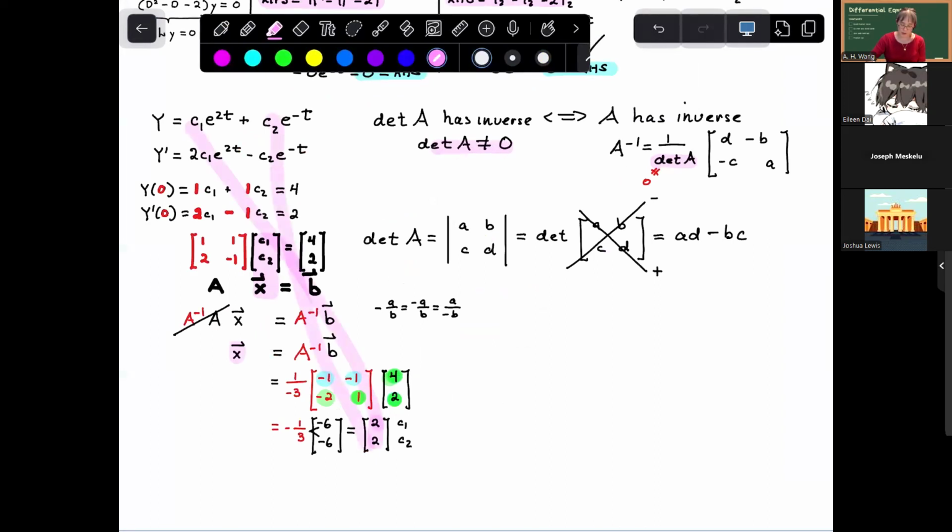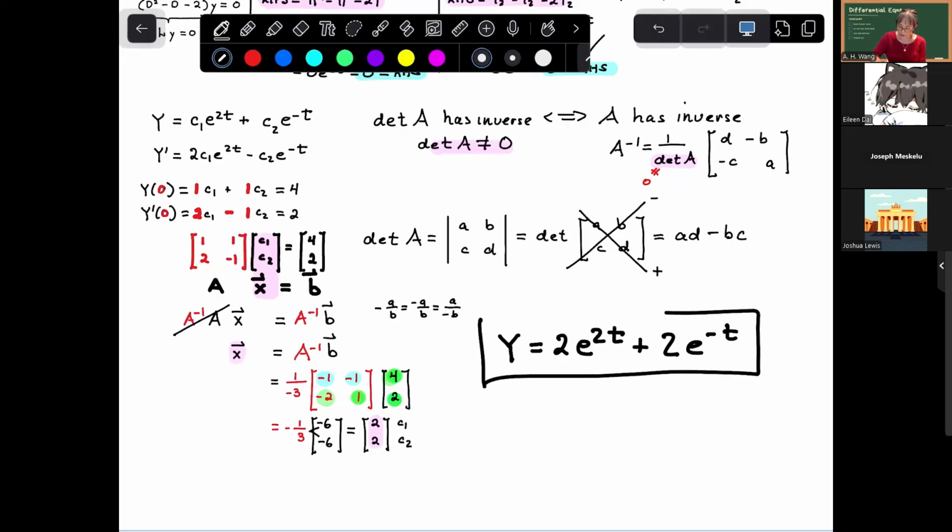So let's write it out here. The final answer is Y equal, let me write it thick so you can see it: Y equal 2e to the 2t plus 2e to the -t. And this is your final answer.